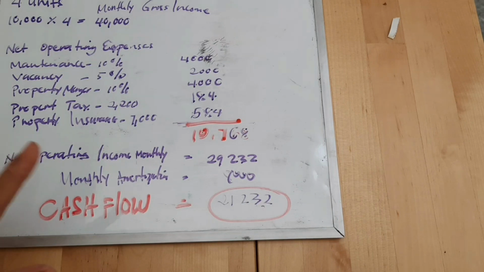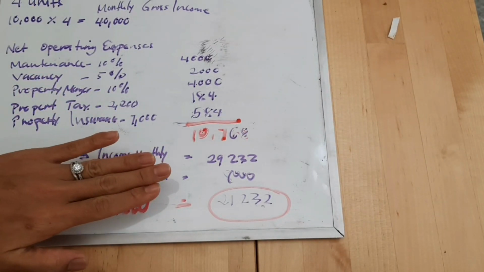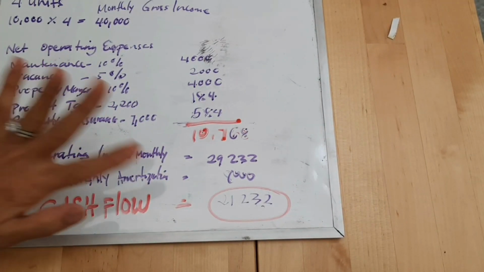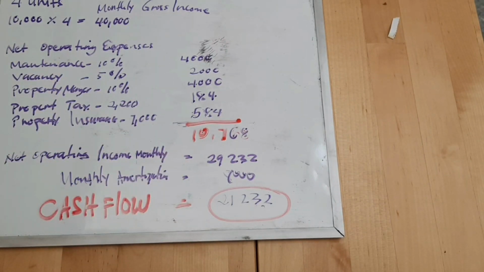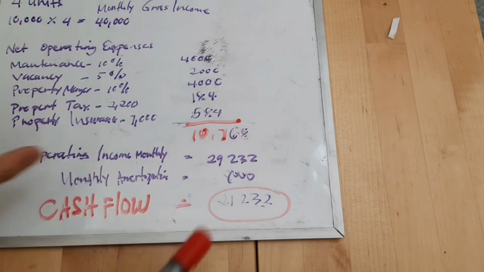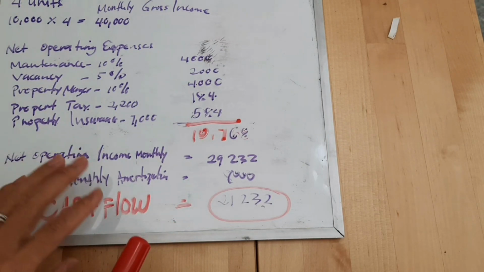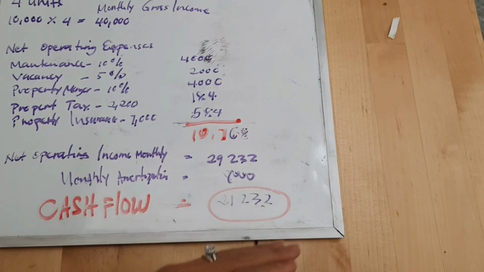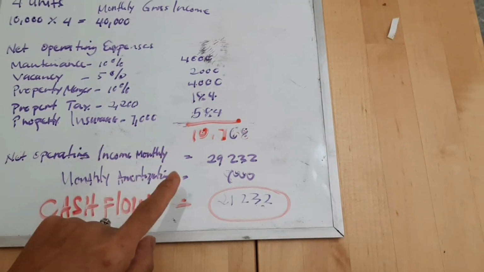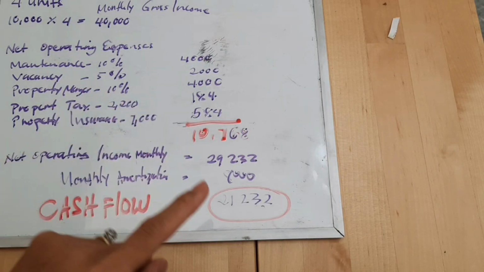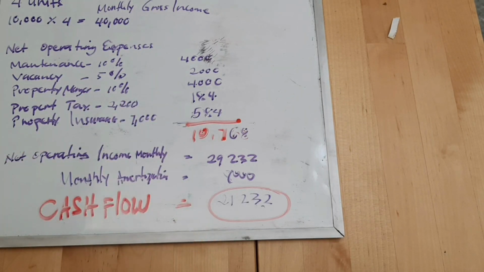Imagine if you don't have a bank amortization, you don't have bank financing, your income is quite high, 29,232. However, in this case, we assume that you have a monthly amortization of 8,000. So you have to subtract the 8,000 from your monthly net operating income, and that's when you get your cash flow.